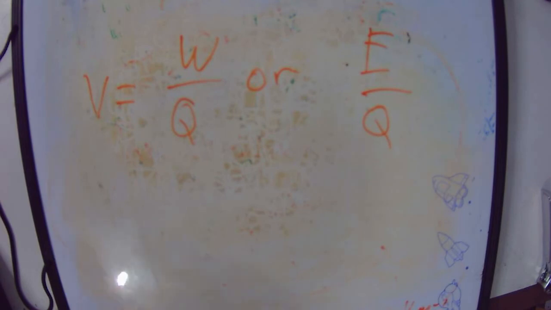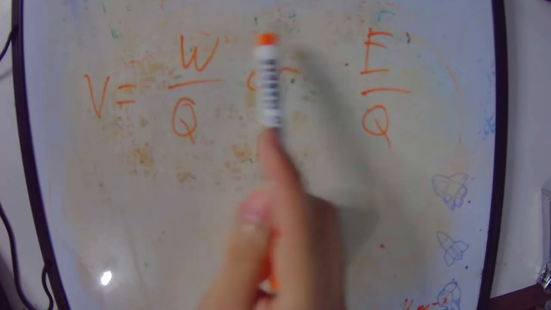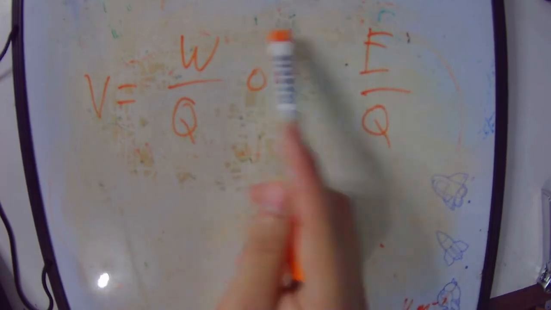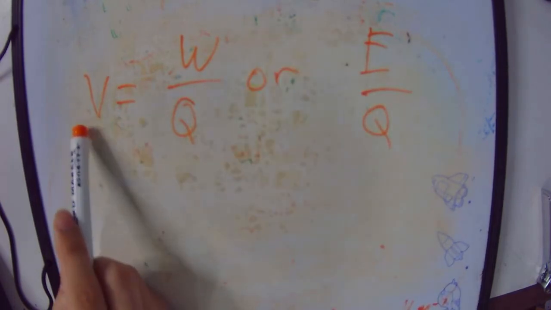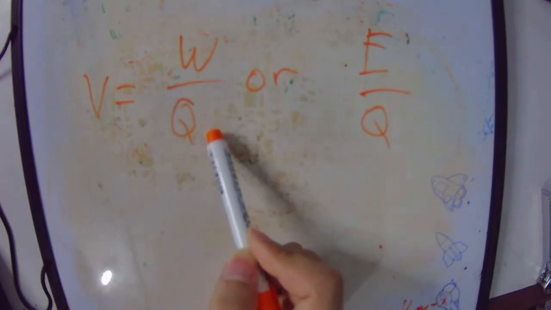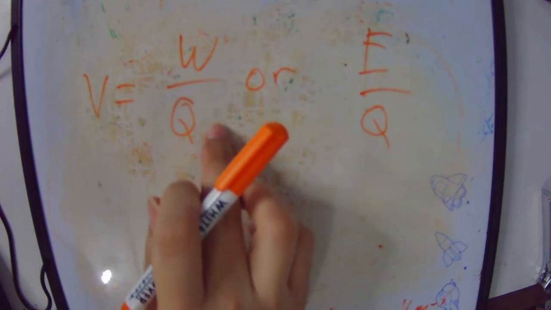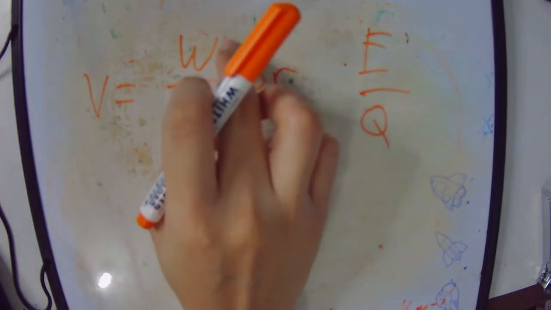Of course, if moving one coulomb uses a lot of energy, increasing the amount of energy transferred, or increasing the number of joules, that will naturally increase the voltage. At the same time, if we reduce the number of coulombs flowing per, this is important, per joule.